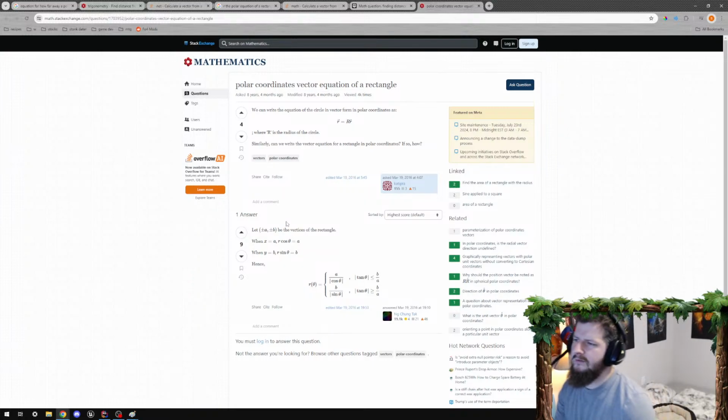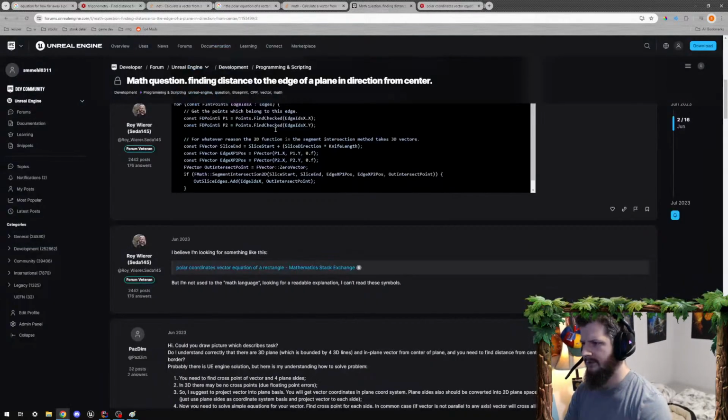Can write the equation of a circle in vector form in polar coordinates, where r is the radius of the circle. I have no idea what polar coordinates are. Is that what I'm looking for?